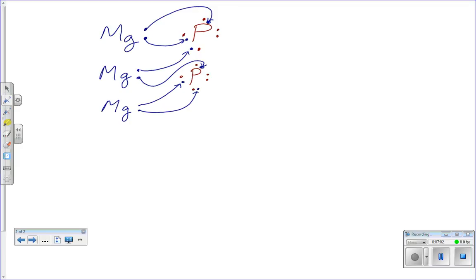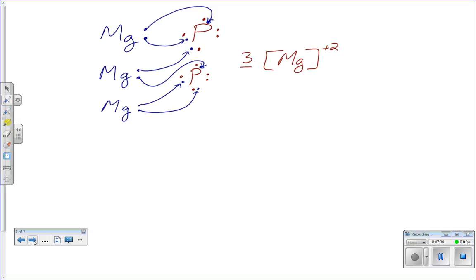All of the magnesiums have lost 2 electrons each, and both of those phosphorus atoms have gained 3 electrons each. So what that gives us then is 3 magnesiums that have emptied out their highest energy level and each become positive 2. We've got 3 of those.